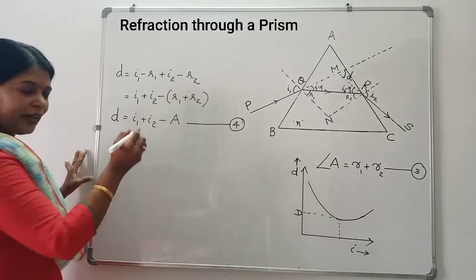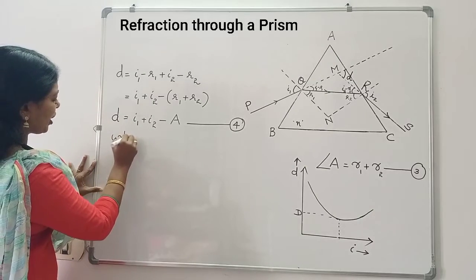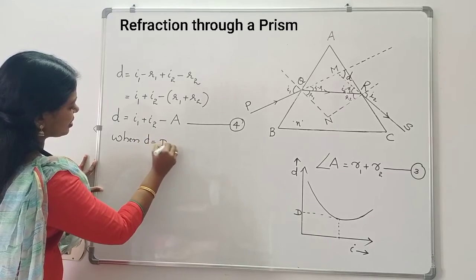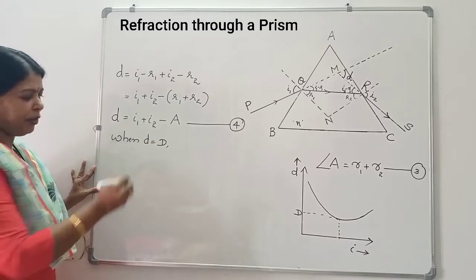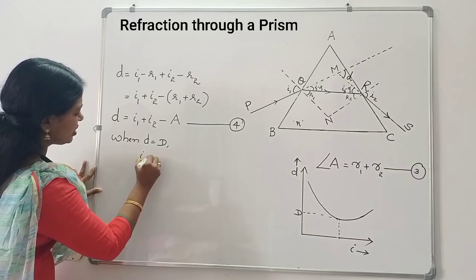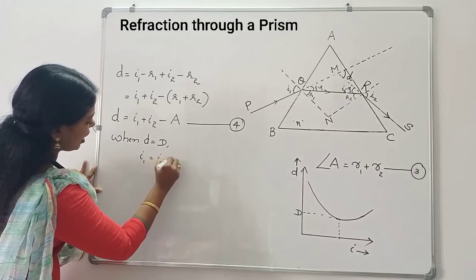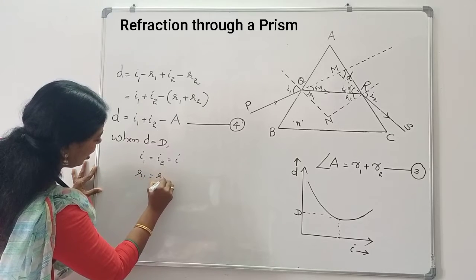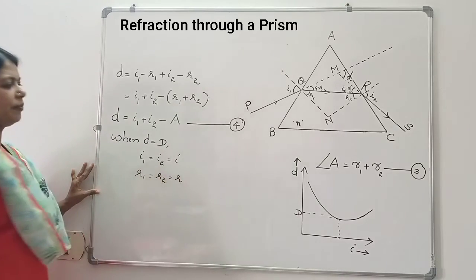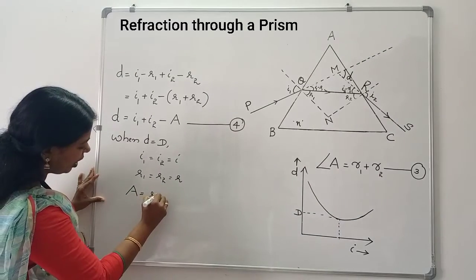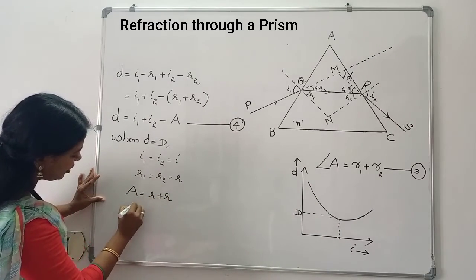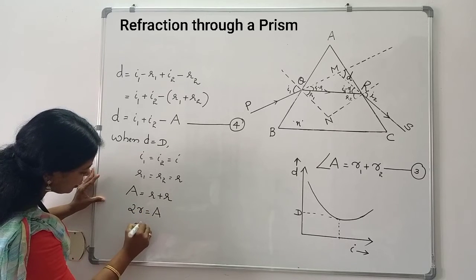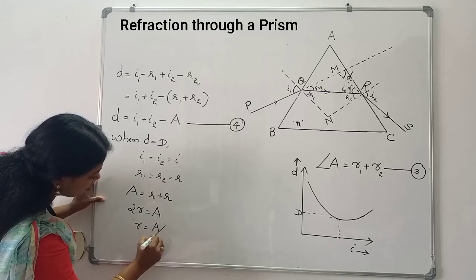That is, when small d is equal to capital D, I1 is equal to I2 is equal to I and R1 is equal to R2 is equal to R. A is equal to R plus R, that is 2R is equal to A or R is equal to A by 2.